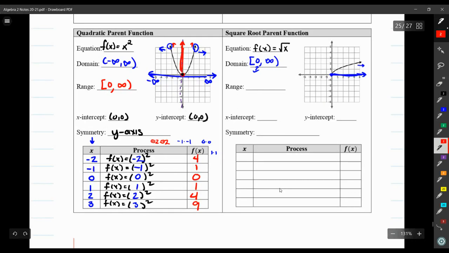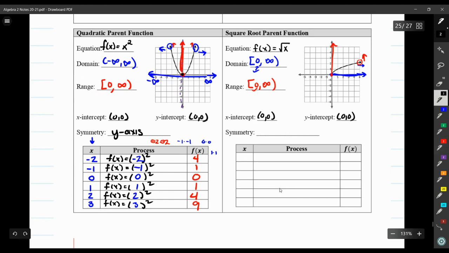So for the range, it again starts at 0 and goes up to infinity because this arrow here is going upwards just slightly. So on my range, again, I can have 0 and I go to infinity. I'm not allowed to have negative ranges either. So these are very similar, domain and range. So the x-intercept, just like the rest of these, was 0, 0.